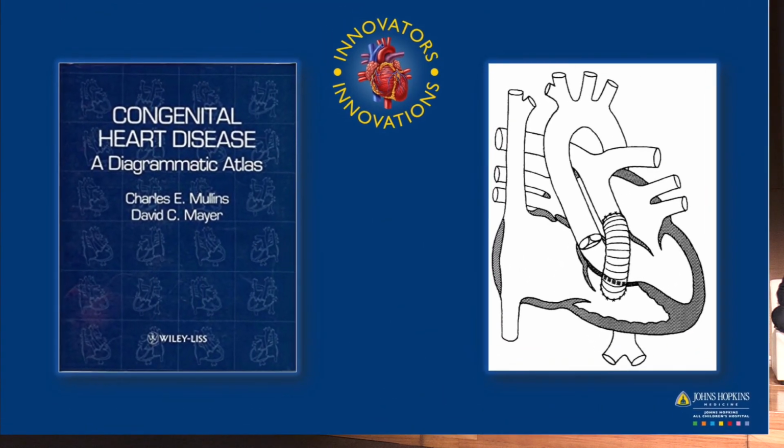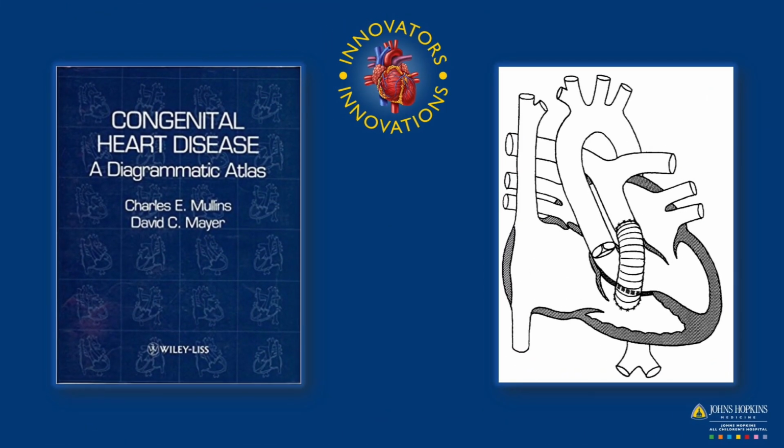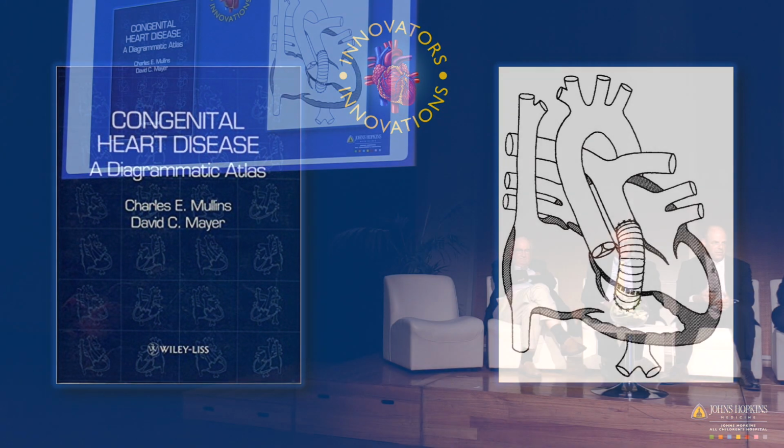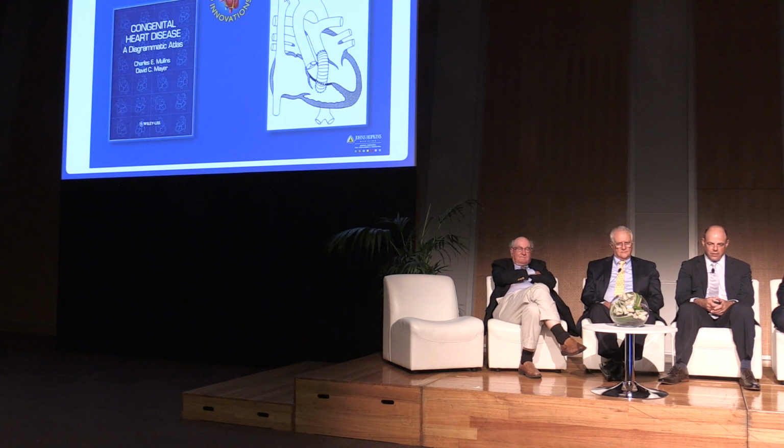I think a lot of us are very familiar with the Mullins diagrams. We've seen these all over cath reports and the medical records and hanging up in the post-operative surgical wards. These diagrams have aided us all in understanding cardiac anatomy, hemodynamics, and interventions that occurred in the cath lab.